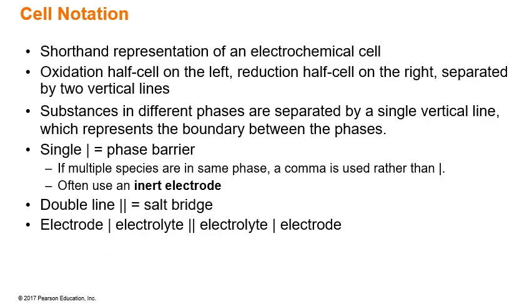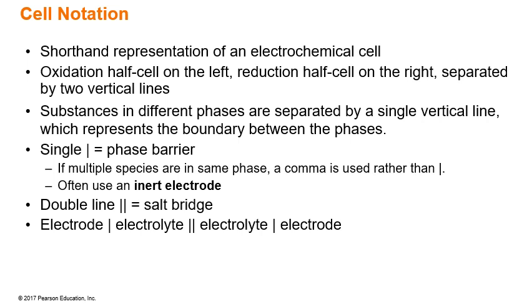We do have a shorthand notation that we use in order to represent the electrochemical cell. The oxidation half cell is always on the left, the reduction half cell is always on the right, and we separate those two cells by two vertical lines. Now, we always start with the electrode or the solid part of our cell.